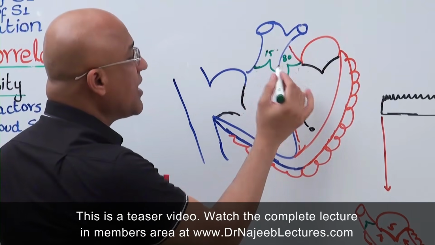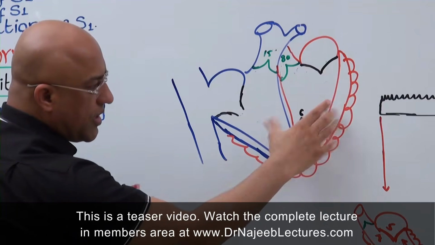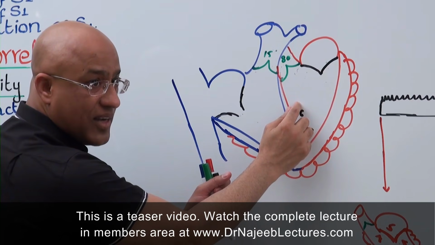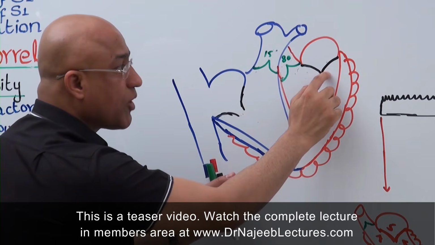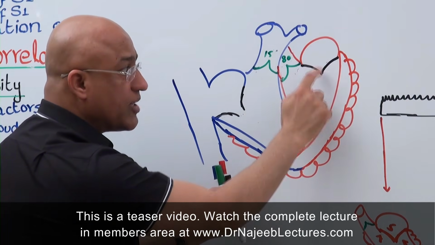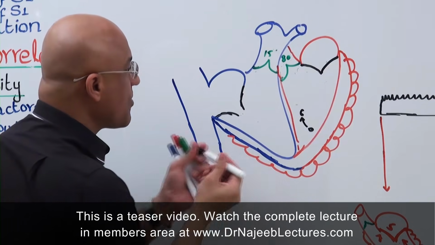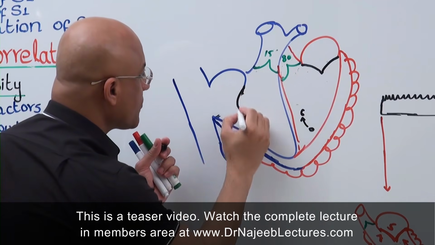But whatever is there, the thing is that when ventricles start contracting, pressure starts going up, right? First of all, it will close the atrioventricular valve, on the left side as well as on the right side.